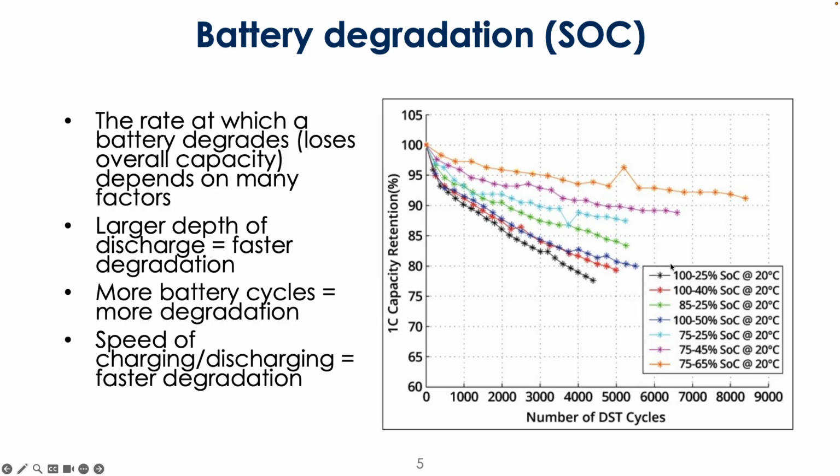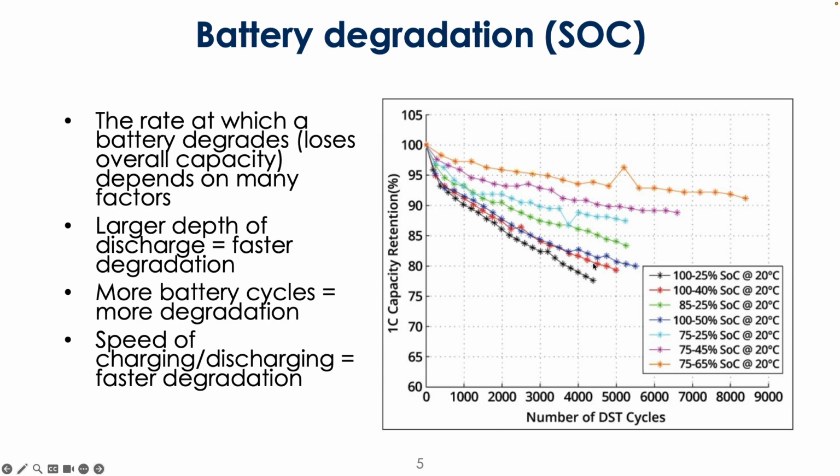The difference between these two lines is that the black line is doing a 50% cycle, discharging half of the battery and then charging up, whereas the blue line is using 25% of the capacity. The black line is using 75% of the capacity, going from 100 to 25%, and the blue line is going from 100% to 50%.